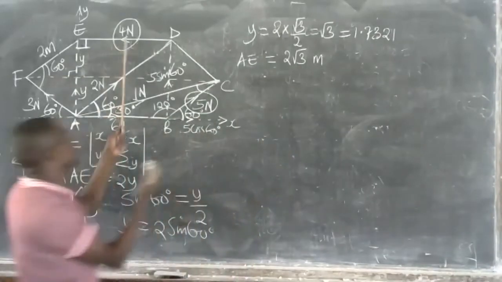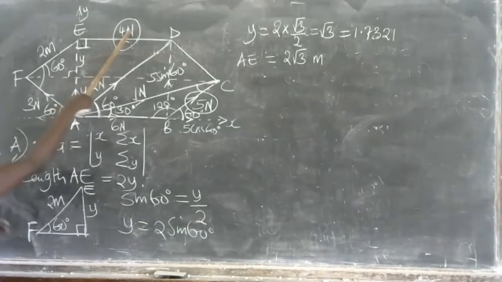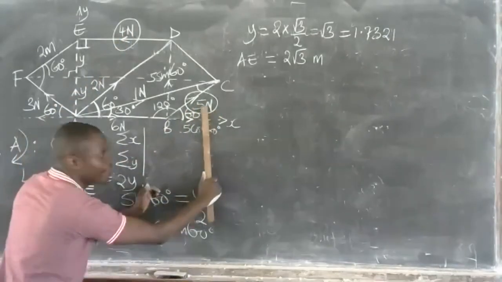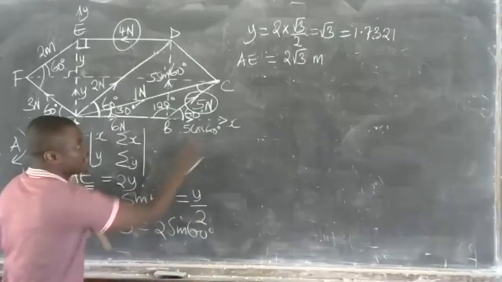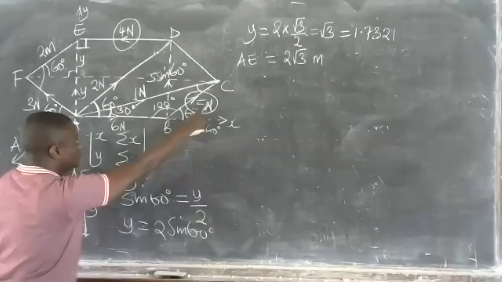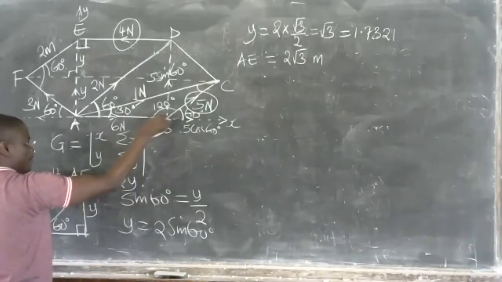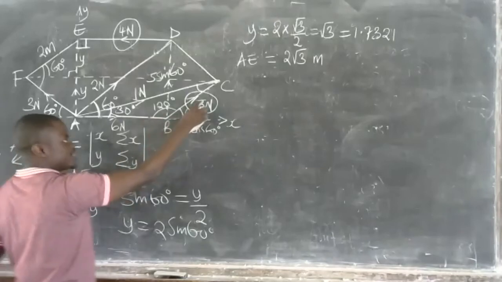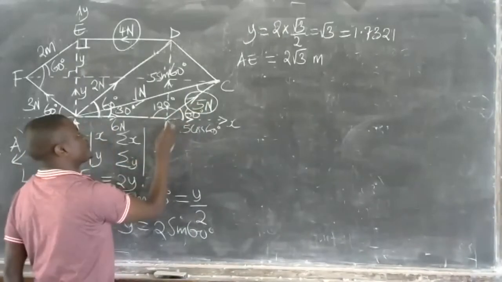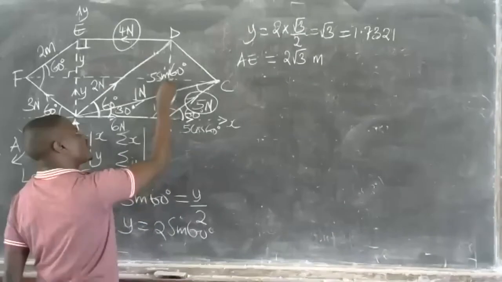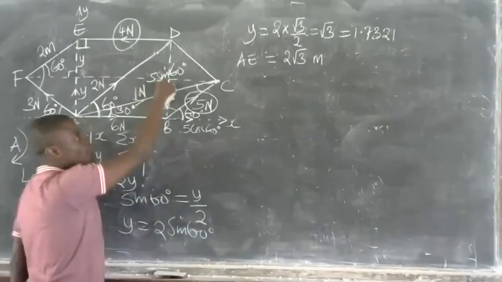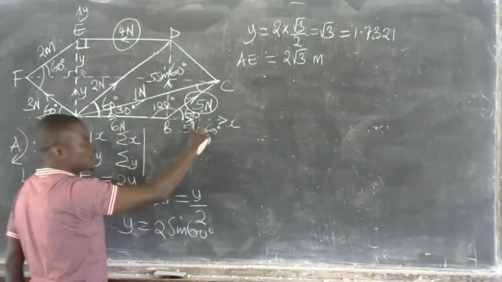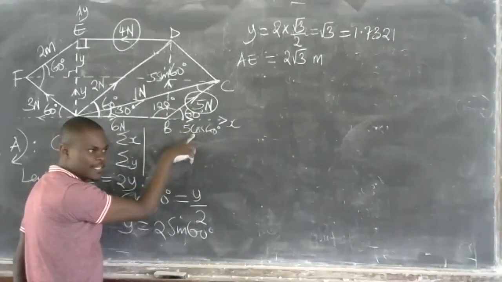Now we can get the moment of this, but before that, let us check if we have the perpendicular distance to the 5 Newton force here. We don't have the perpendicular distance. So we use its components. We have a vertical component of 5 sine 60 degrees and a horizontal component of 5 cos 60 degrees.